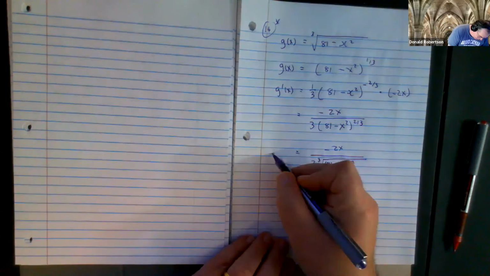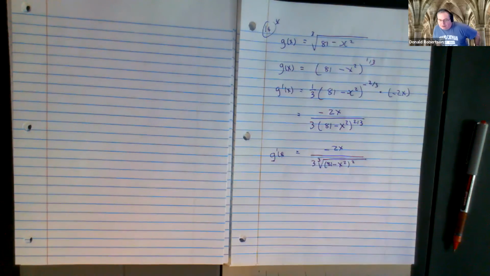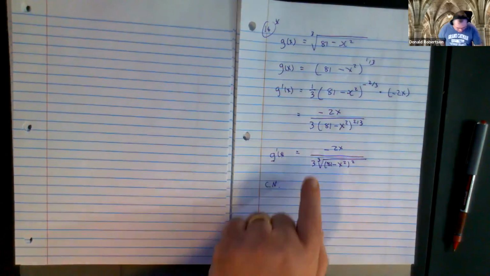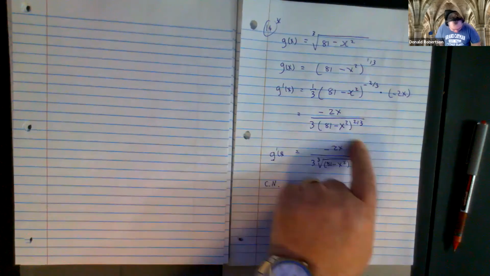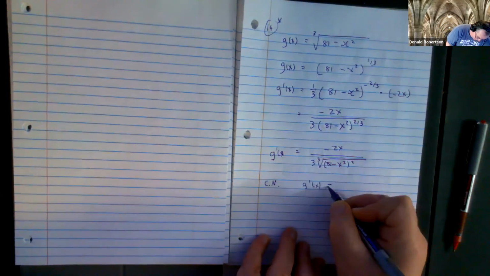And although that doesn't look particularly nice, that's as good as that ugly fraction is ever going to be. Okay. Now we need to find our critical numbers. Sometimes, even when it's a really ugly fraction, as this totally is, you can find the critical numbers just by looking.